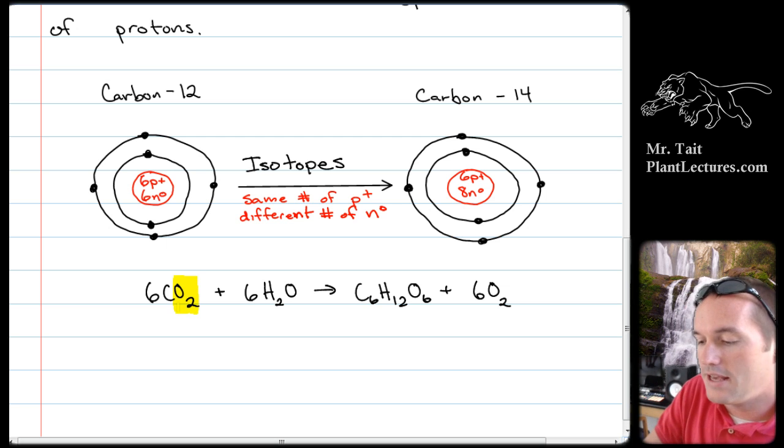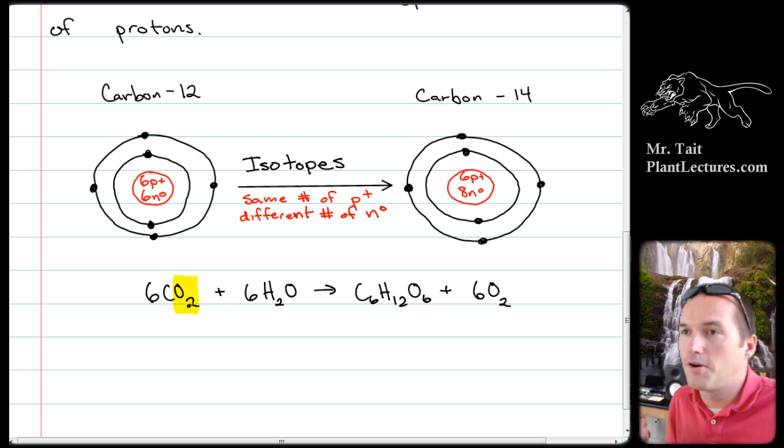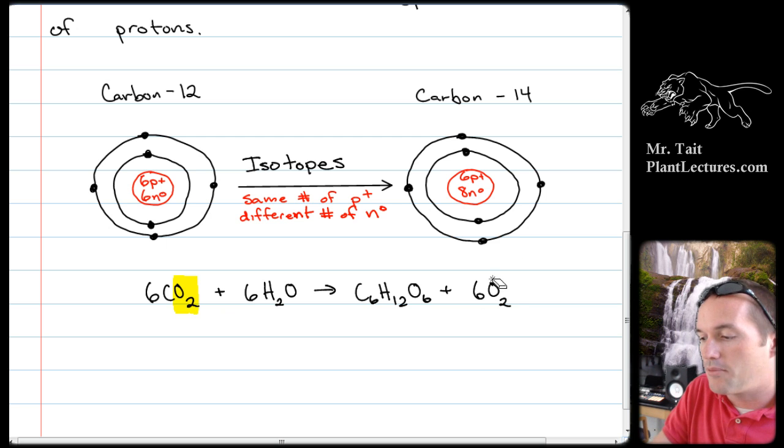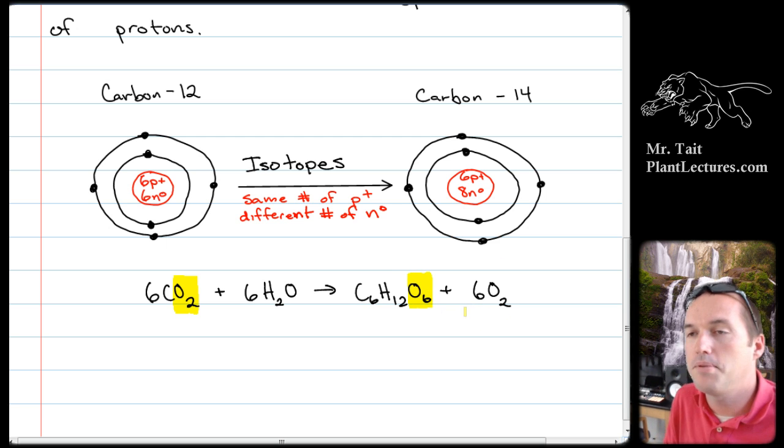All I have to do then is figure out, okay, if it started out in the carbon dioxide, where's it going to end up? So I let the plant go through photosynthesis with some radioactive carbon dioxide for a while, and I say, okay, was that radioactive oxygen given off as oxygen, or was it incorporated into the glucose? And one of the things that we find out is it gets directly incorporated into the glucose, so it becomes part of the plant rather than being given off as oxygen waste, right?